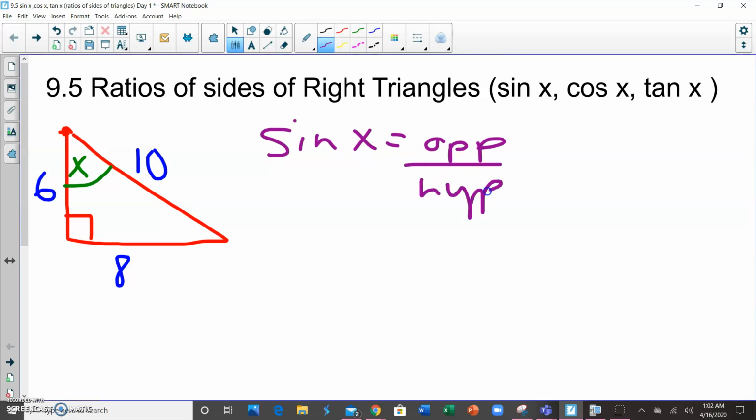And I'm going to abbreviate because it's a really long word. And I can't write that well with my finger. All right, so the sine of x is equal to the opposite divided by the hypotenuse. Now if we're talking about this angle x, then what side is opposite of that angle x? The opposite side is 8.